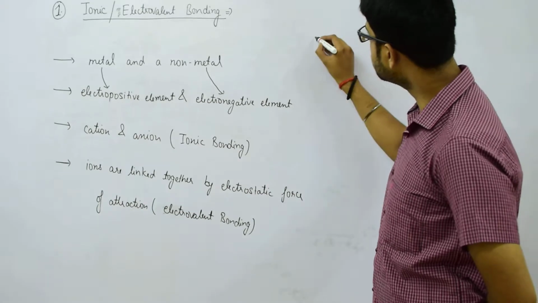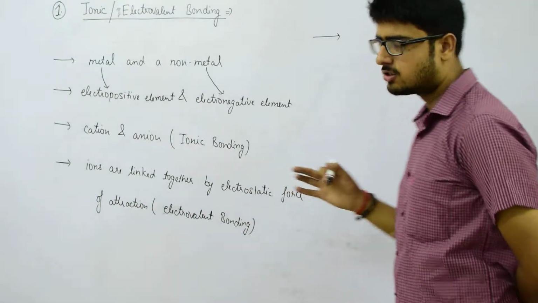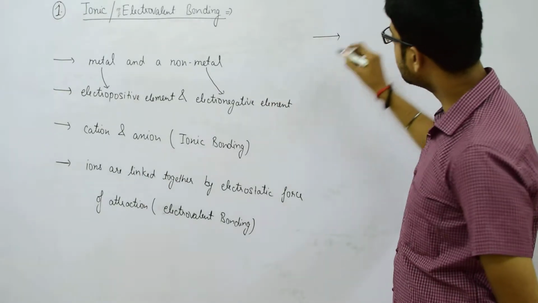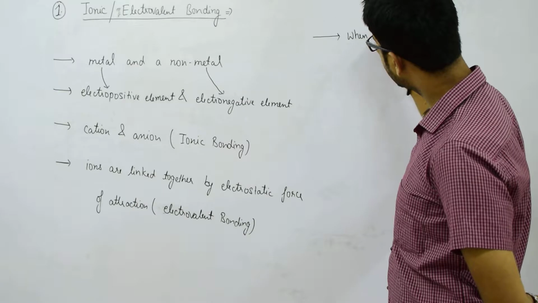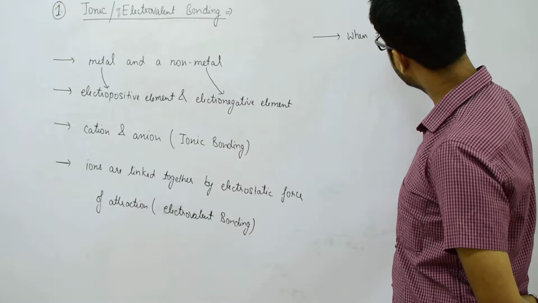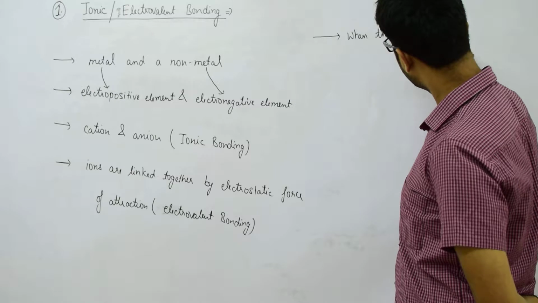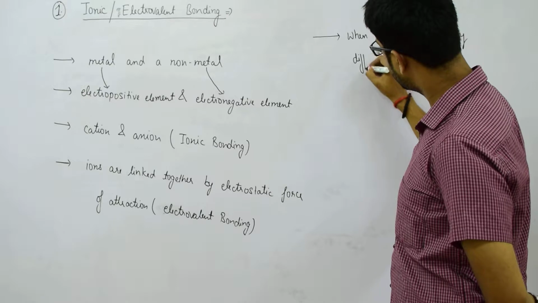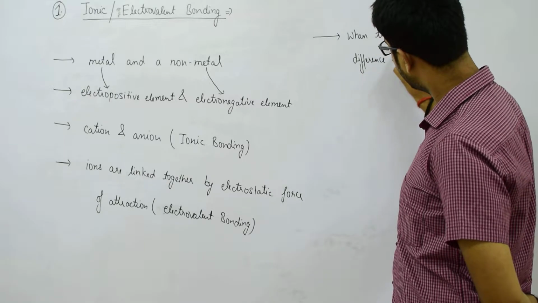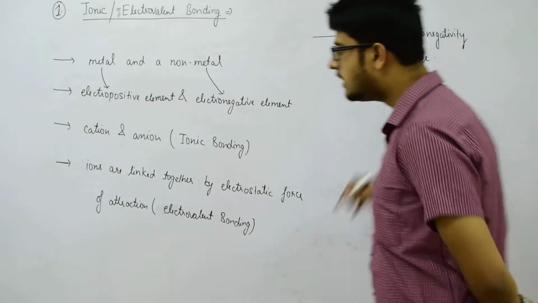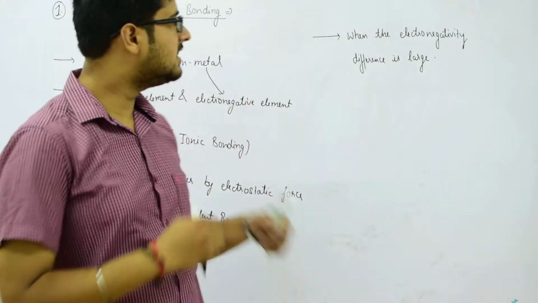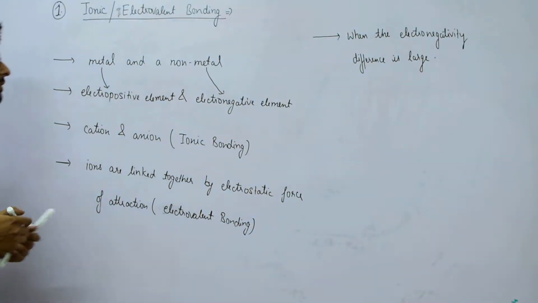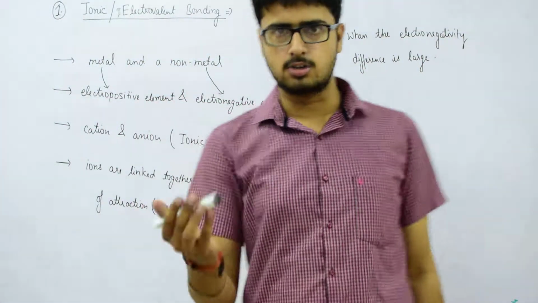And the last point about this type of bonding is that ionic bond is formed when the electronegativity difference is large. Whenever the electronegativity difference is large, there is a greater possibility of formation of ionic bonding. So these are some of the important features of ionic or electrovalent bonding.